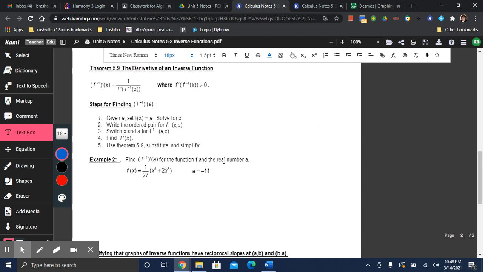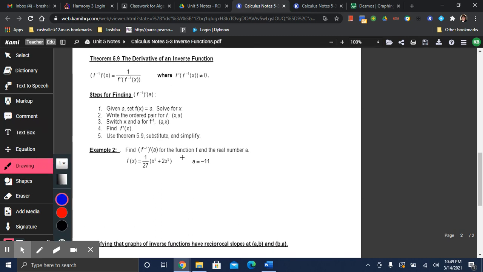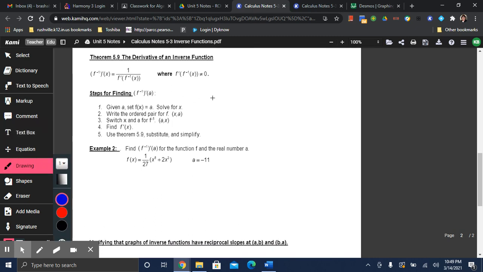Now, the next theorem that we're going to work with is the derivative of an inverse function. It's a little unusual, but we will use this theorem when finding an inverse is difficult or impossible.